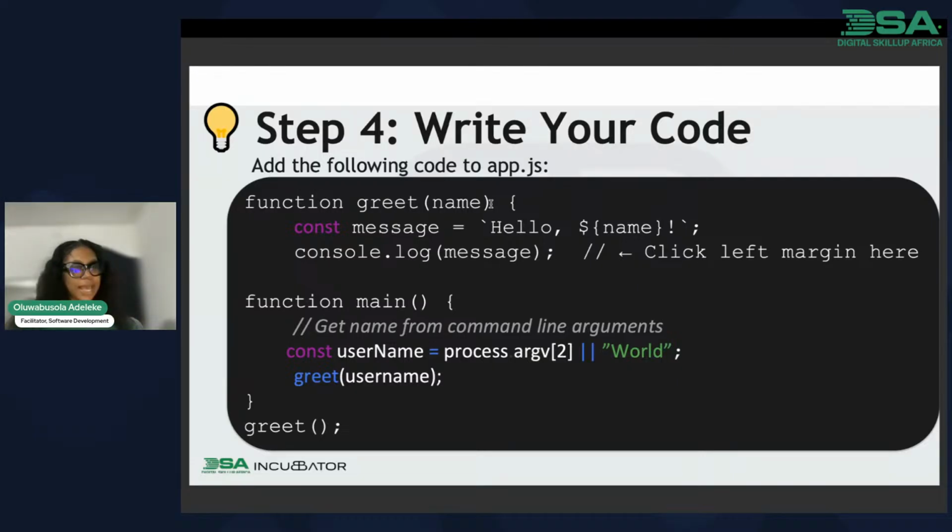And if for any reason we don't put any argument, we want it to replace that thing with world. So let's assume I put node example.js name. It's supposed to print out hello name.